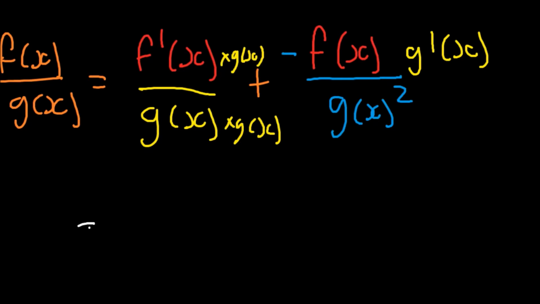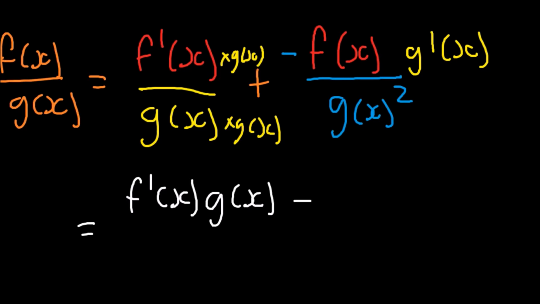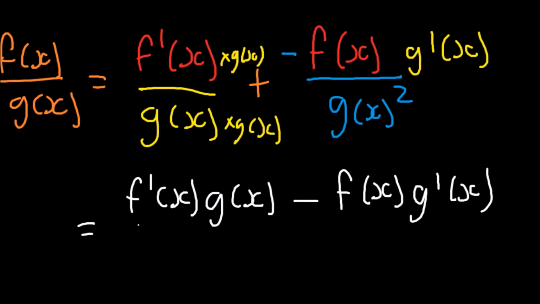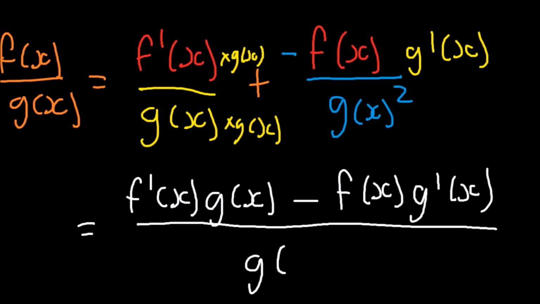Now we write this out as f prime of x times g of x minus f of x times g prime of x, all divided by g of x squared.